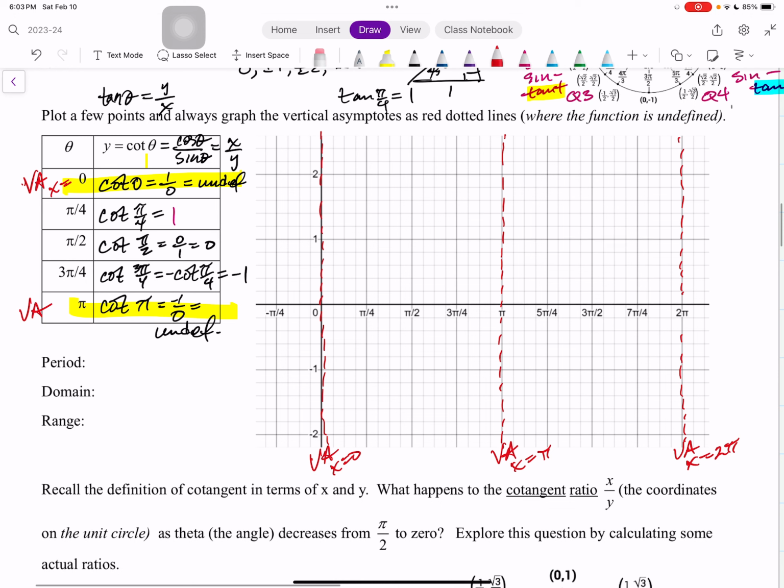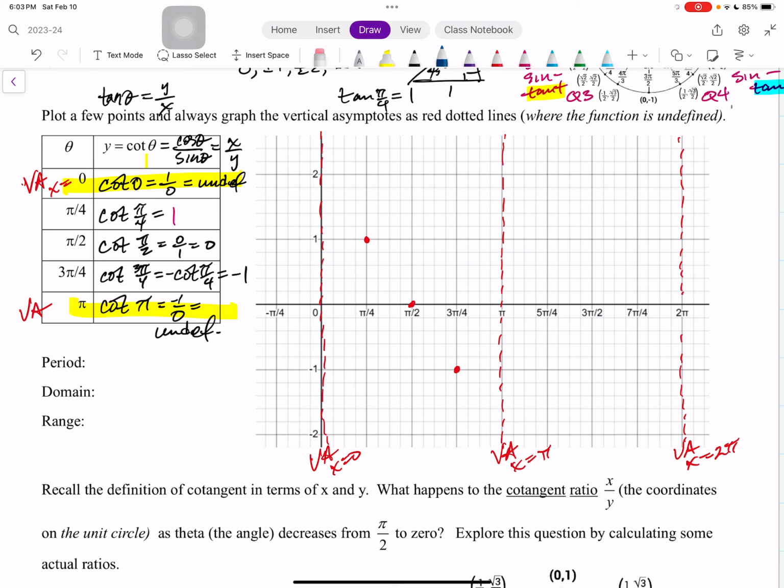So let's plot them. At 0, there's nothing; there's an asymptote there. Then pi fourths comma 1, pi halves comma 0, and 3/4 pi comma negative 1, and so on. I know we only have 3 points, but we're going to validate everything we do in Desmos.